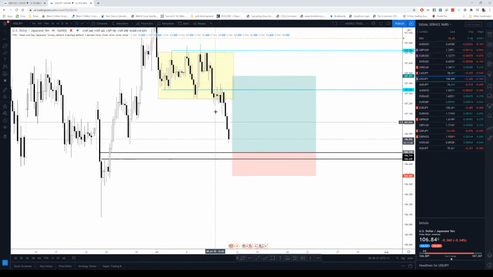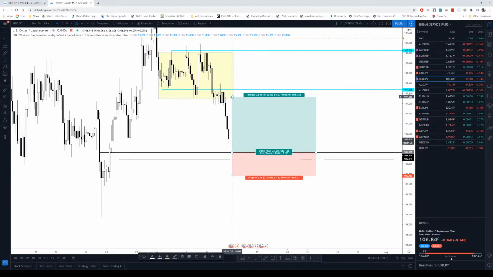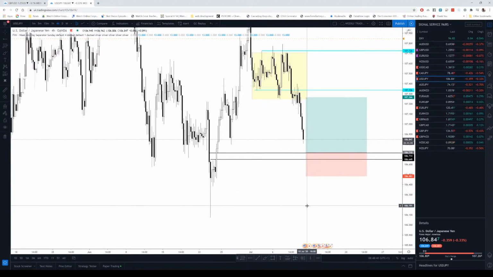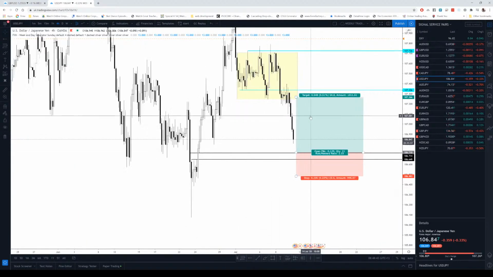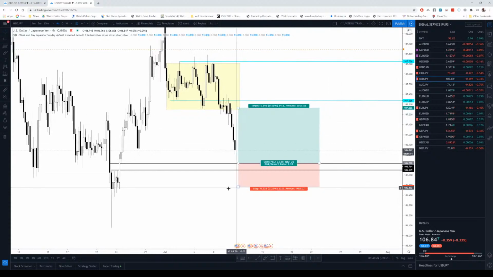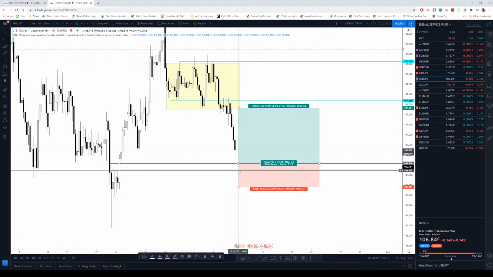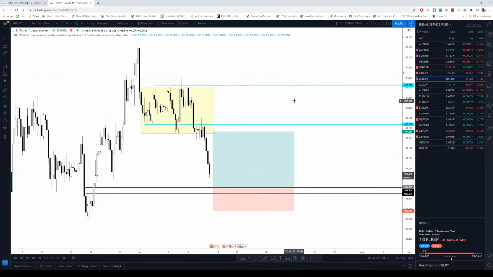So something like this to go back up, maybe to take out this high. It's not gonna drop and drop. So something like this, buying, depends on where they're gonna pause. If you want to see signs of rejection first, wait for it between these two levels, and then you can buy it to go up.